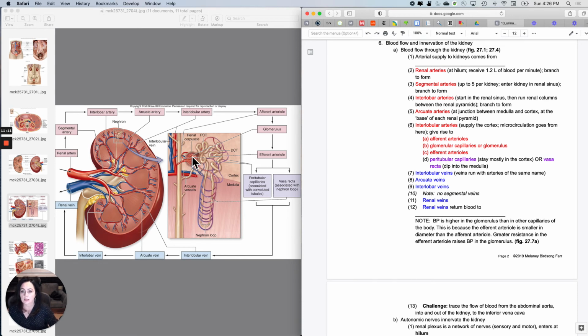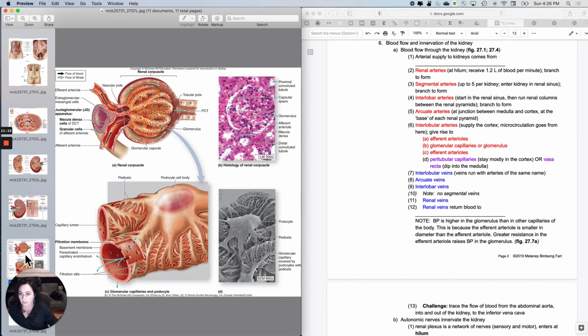Well, this will actually bump up in pressure because of one simple thing. The afferent arteriole going in is much wider in diameter than the efferent arteriole going out. So basically, we've got a big tube leading in and a small tube coming out, which bumps up the pressure in the glomerulus. And you have about 1 million glomeruli per kidney, so it ends up being a pretty dramatic impact on the pressure and blood flow.